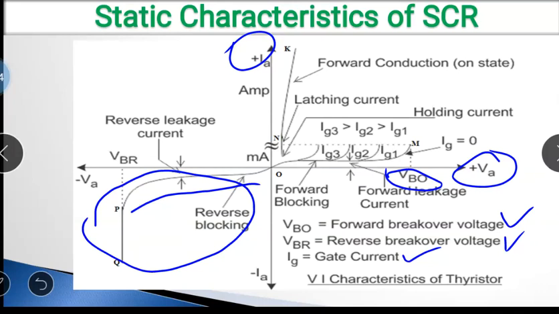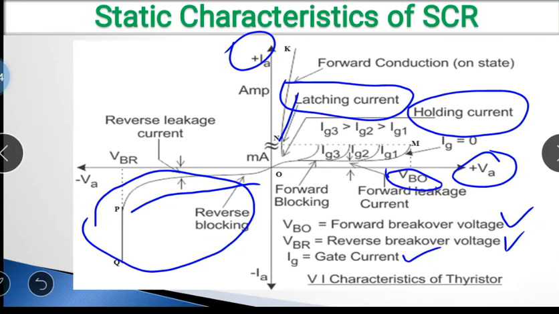Right, now here are two concepts. One is latching current and the second is holding current. What do you mean by latching current? Latching current is the value of anode current at which the SCR remains in conduction mode if the gate signal is removed. And what do you mean by holding current?